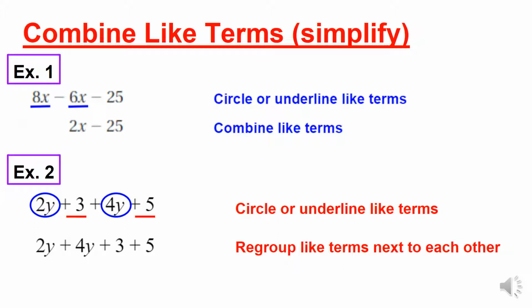Well, the y's, let's put them together. 2y's plus 4y's, that's 6y's. 3 plus 5, that's 8. Extra little step here, but it helps in the middle to rewrite the expression having the like terms right next to each other so we can see better how they'll go together.